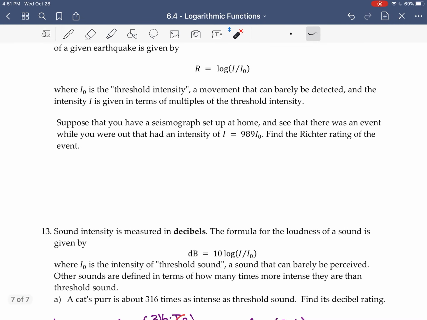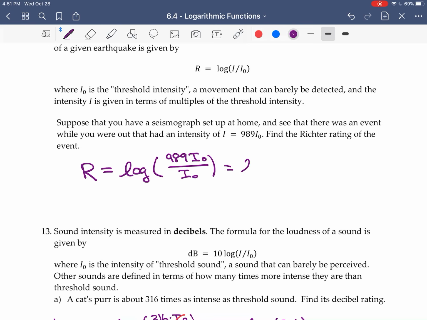Suppose you have your seismograph set up at home and you measure that the intensity was 989 times the threshold intensity. Then the Richter rating would be the log of the intensity, 989 times the threshold over the threshold, so that's actually log of just 989.